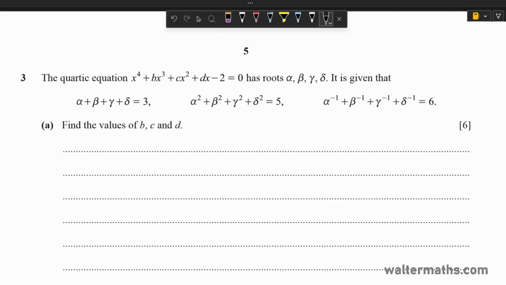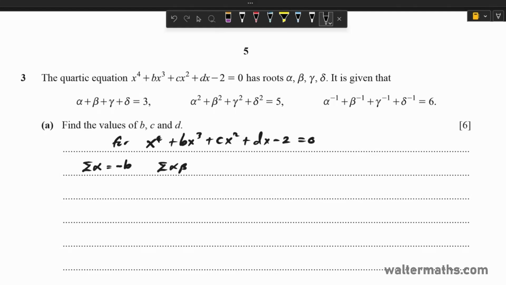All right. Okay, so I'm going to say x to the 4 plus bx cubed plus cx squared plus dx minus 2 equal to 0. What we know is that the sum of the roots is found by minus b over a, which in this case will just be minus b. We know that the sum of product of pairs is c over a.